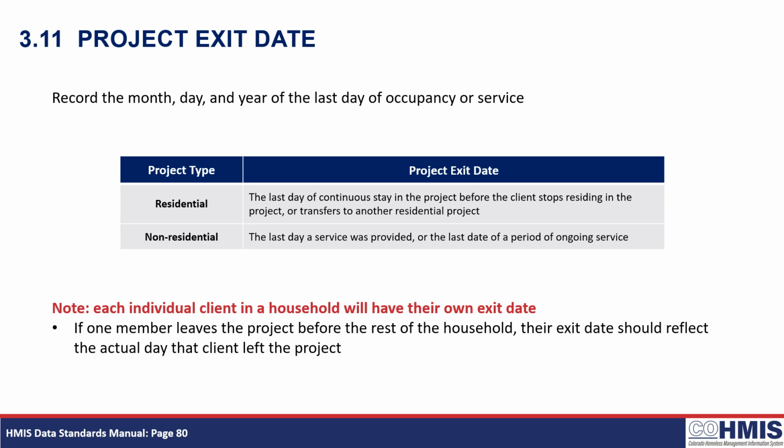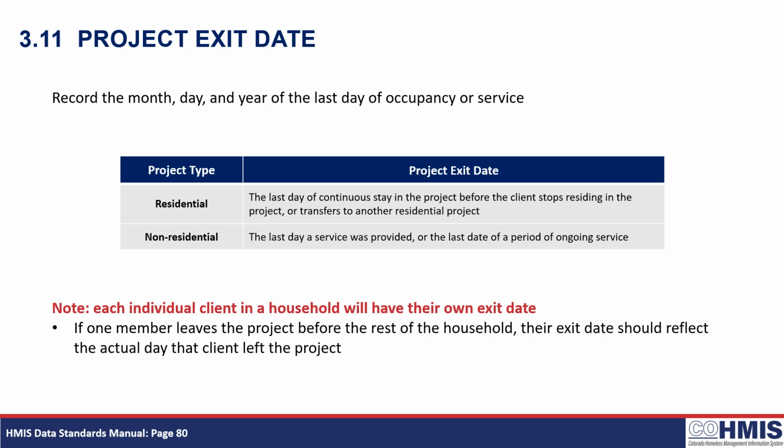Project exit dates are required to indicate that clients are no longer being served by your project. Whether they've completed their time with your project or stopped participating, it's important to record the month, day, and year that your client has exited your project. Just like with project start date, different projects use project exit date a little bit differently.